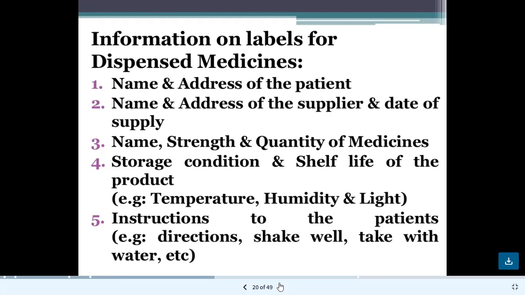Instructions to the patient. Example directions: when to take, take with water, etc.